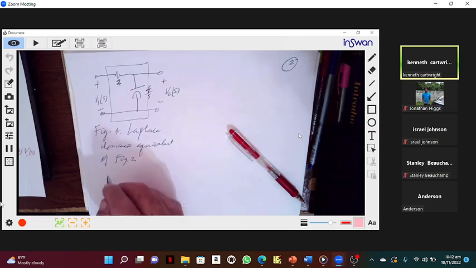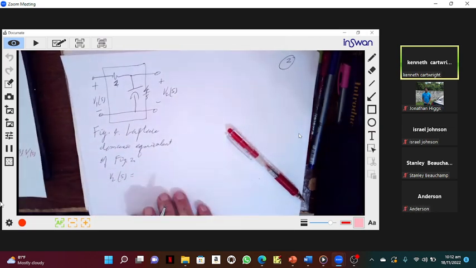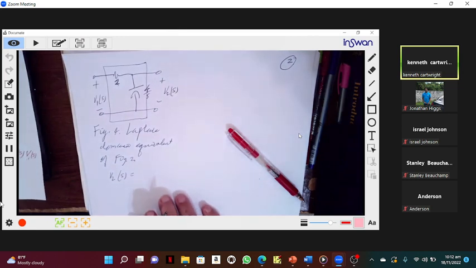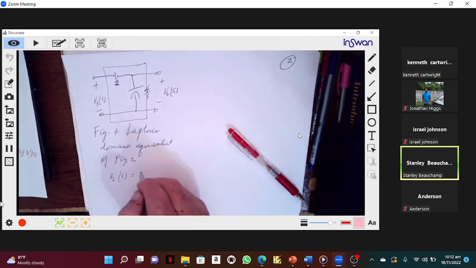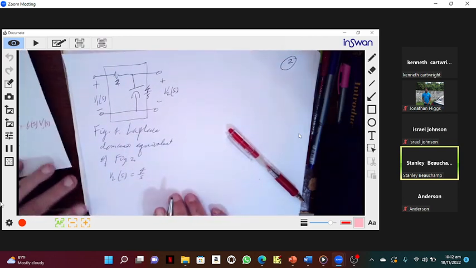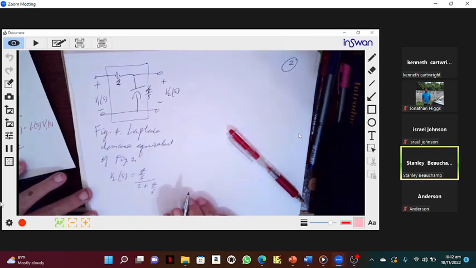So what is V2 of S equal to? That's equal to (1/sC) over (R plus 1/sC) multiplied by V1 of S.